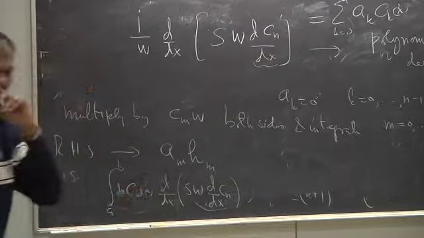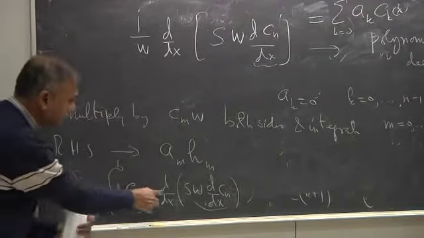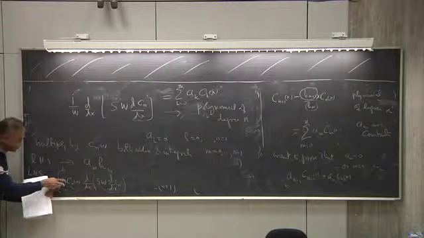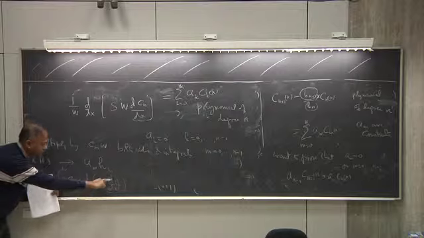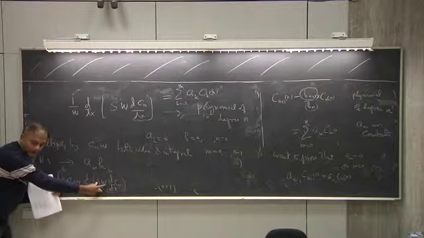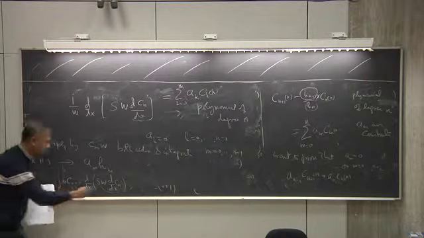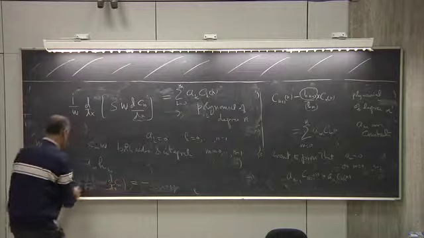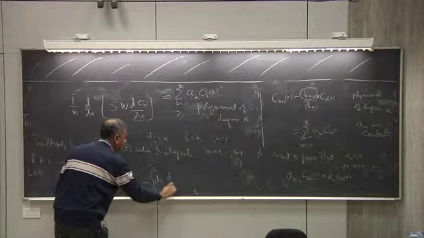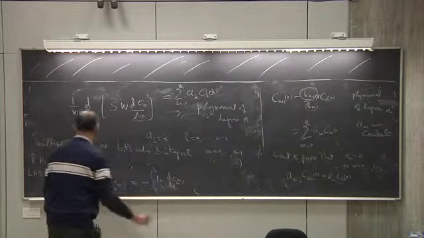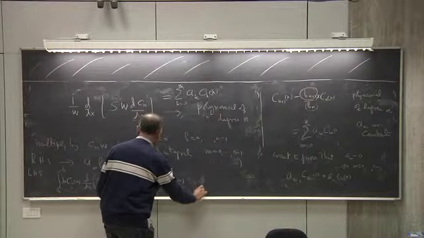One term will be the boundary term, C_m(x) times S W dC_n/dx. But S W vanishes at the boundary, so there will be no boundary term from here. So this is the same as minus the integral from a to b of dx, dC_m/dx times S W dC_n/dx.